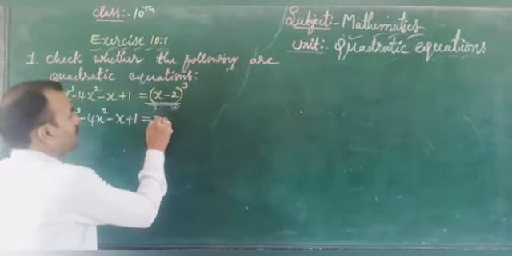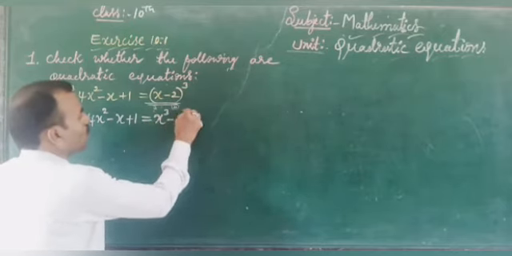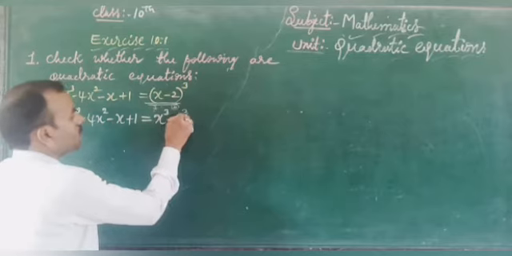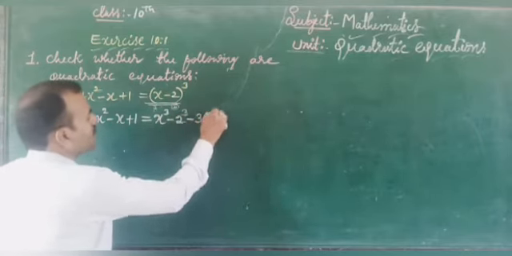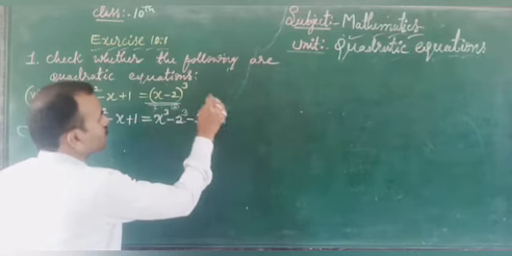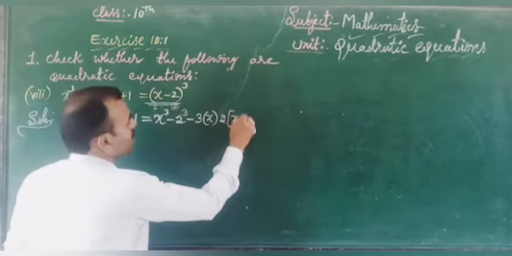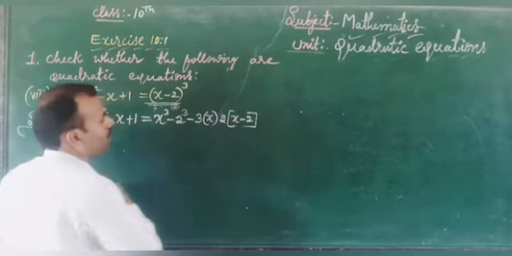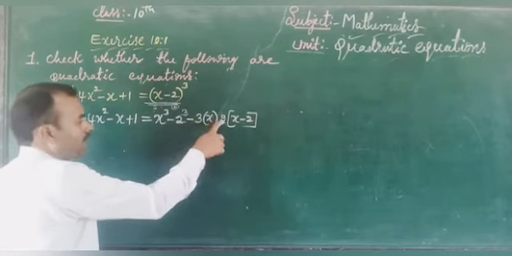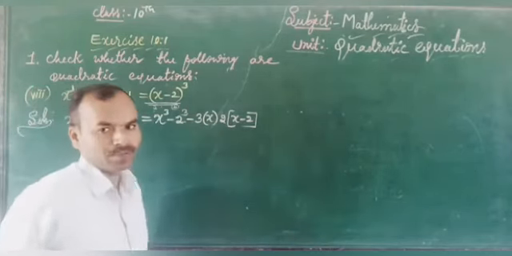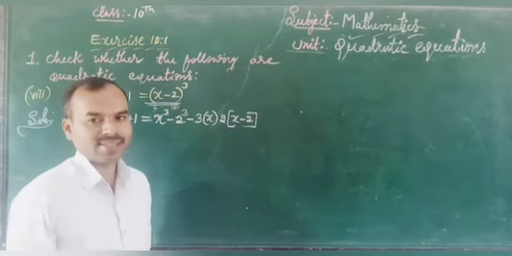Here x cube minus 2 cube, in the place of b it is 2, minus 3 into a value is x and b value is 2 into x minus 2. According to the identity, we just write the RHS.